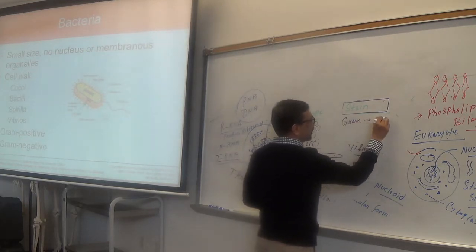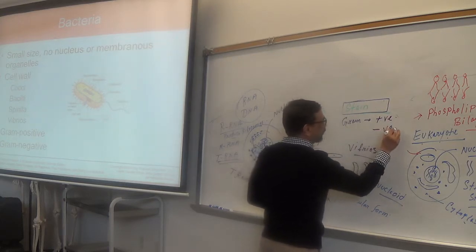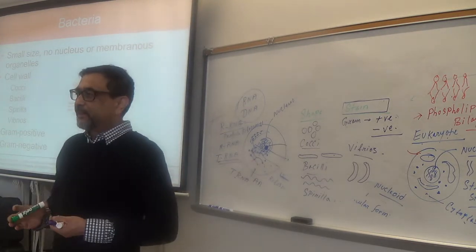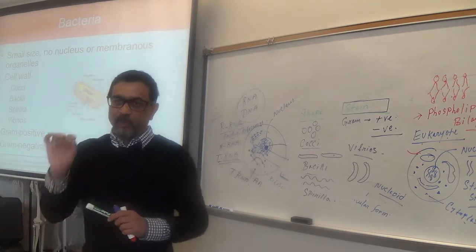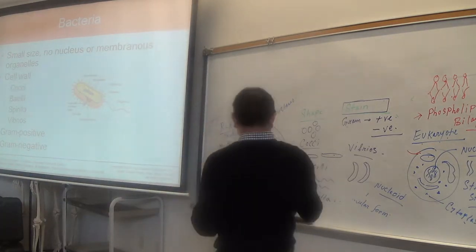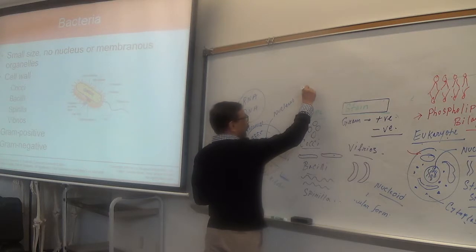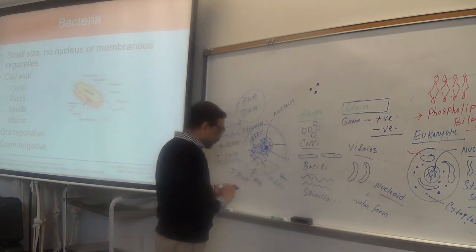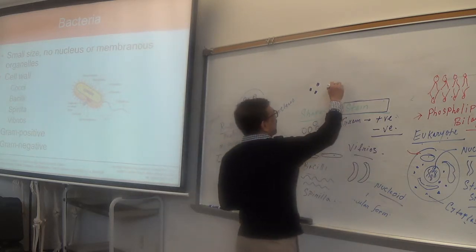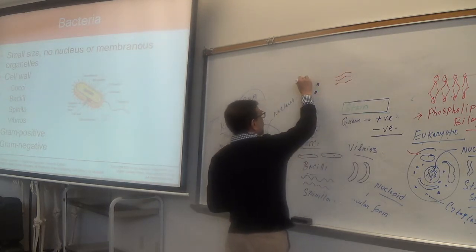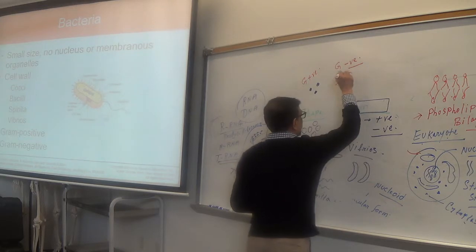Gram positive bacteria take a bluish purple color when you stain them. Gram negative take a reddish or pinkish color. So that is gram positive and gram negative, based on the color.